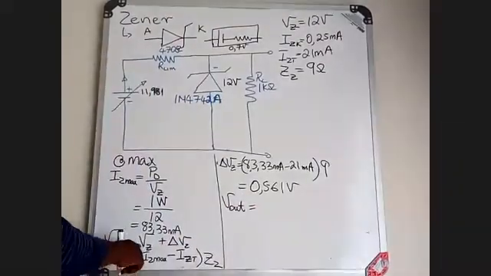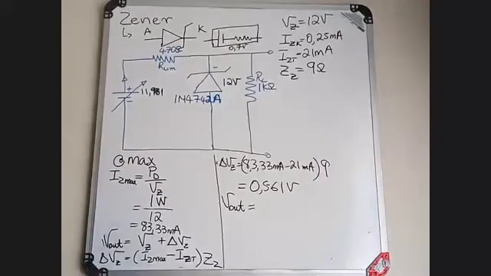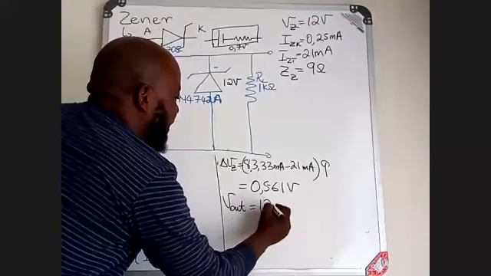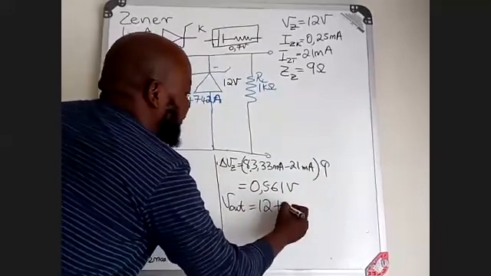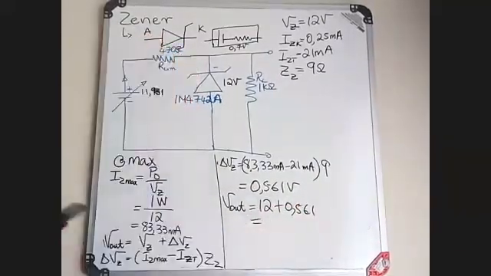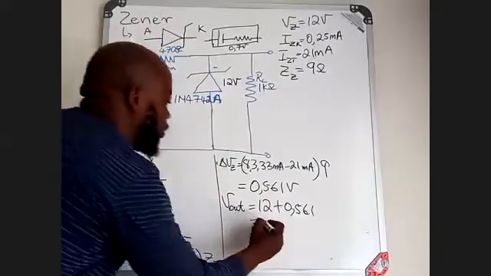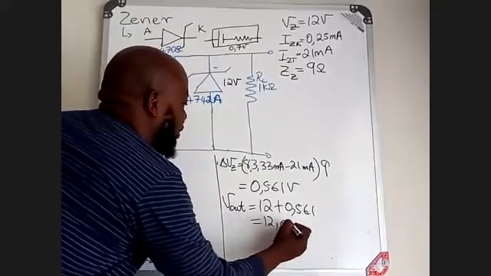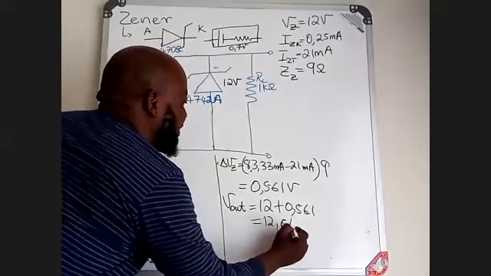Now, with 0.561 volts, your V out will be given by the voltage of the Zener, which is 12 plus 0.561, which means it is going to be 12.561.